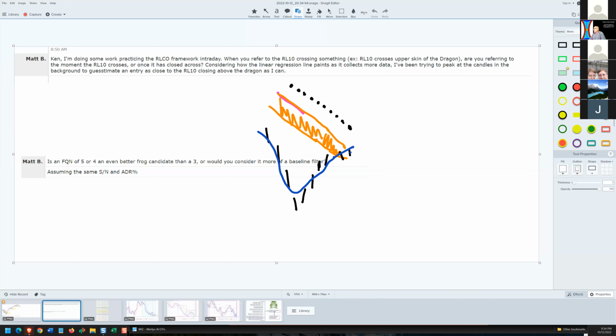So now if you were to have the RL10 right around in here, the price level that triggers the entry would be that dot. Now that dot doesn't draw, and the RL10 doesn't draw until the bar closes.